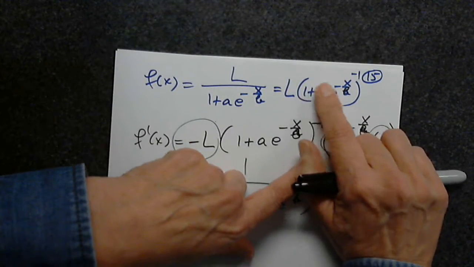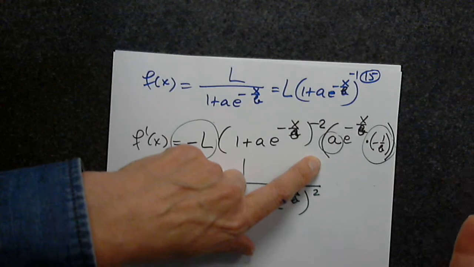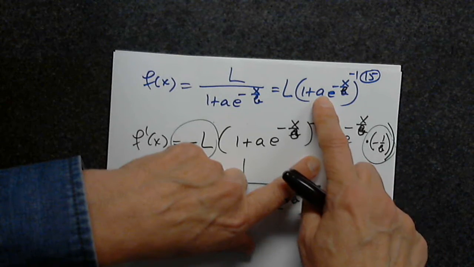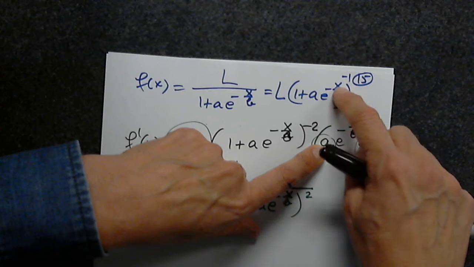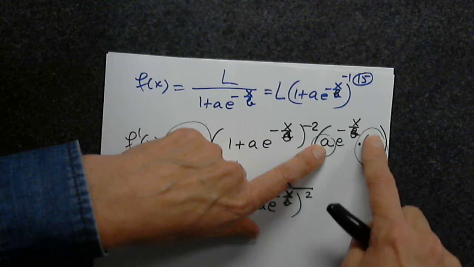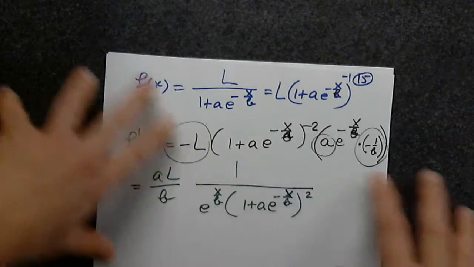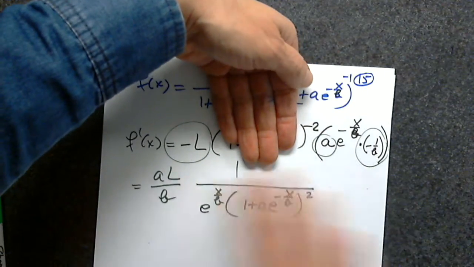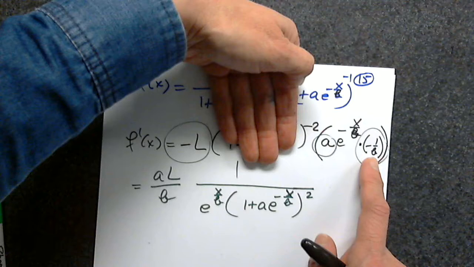And now I have to differentiate the inner function. The constant is not differentiated, so its derivative is 0. So e to u prime is e to u times u prime. U prime is -1 over b. These are all products, so I can multiply -L by a by -1 over b.